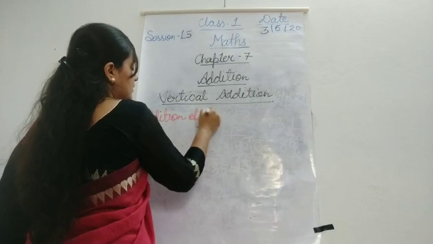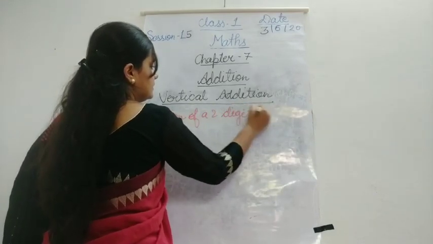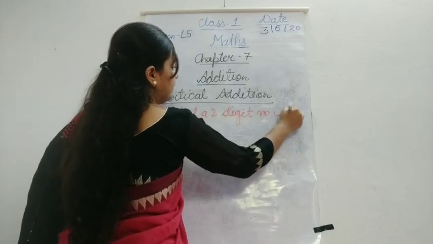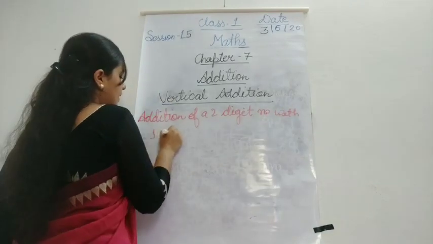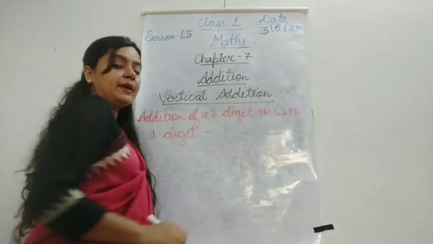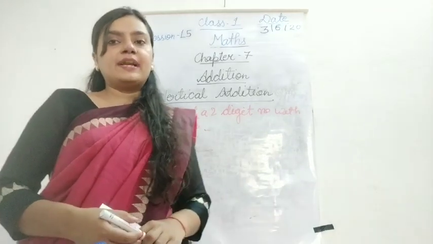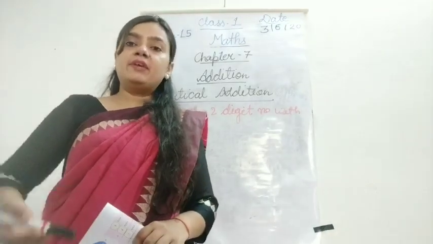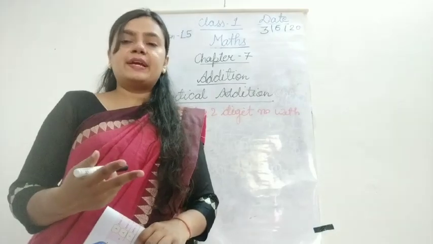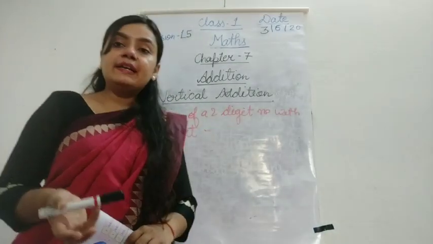You know 2-digit numbers and you know 1-digit numbers. 20, 21, 22, in which 2 digits are together, are called 2-digit numbers. Those in which only 1 digit is there are called 1-digit numbers.